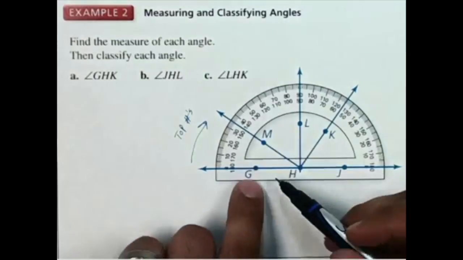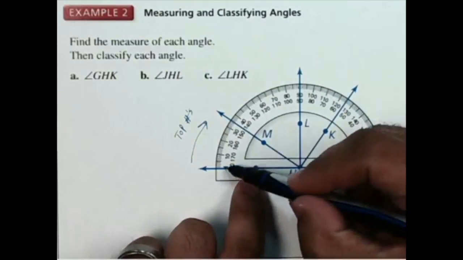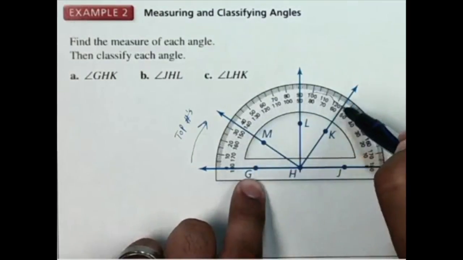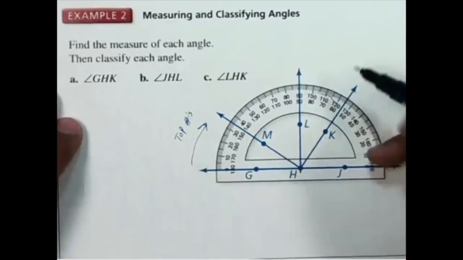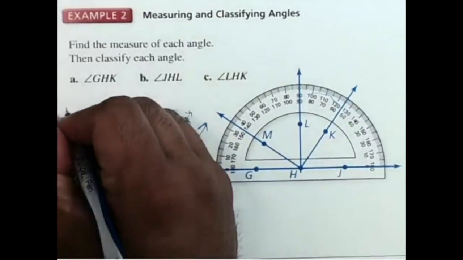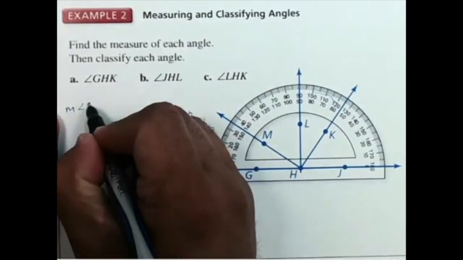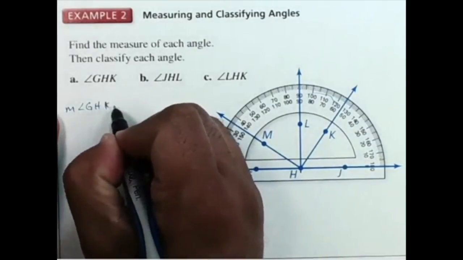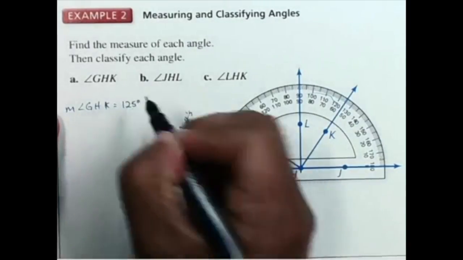So if I'm going from GHK, I'm going to read until I hit that other ray over here, which happens to be 125 degrees. So the measure of angle GHK would equal 125 degrees.